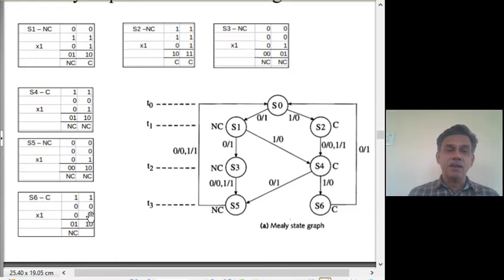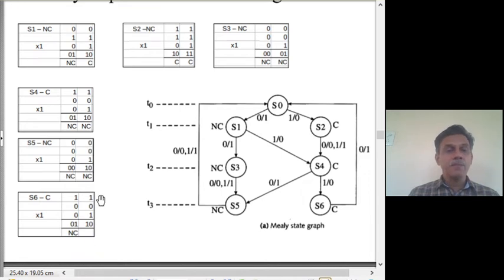Either on going to this carry state or the case the 1 occurs. In fact, if you carefully look at it, supposing you are in a state S6, which is a carry state, the MSB bit X3 that comes can never take a value 1, and therefore this transition will never occur.